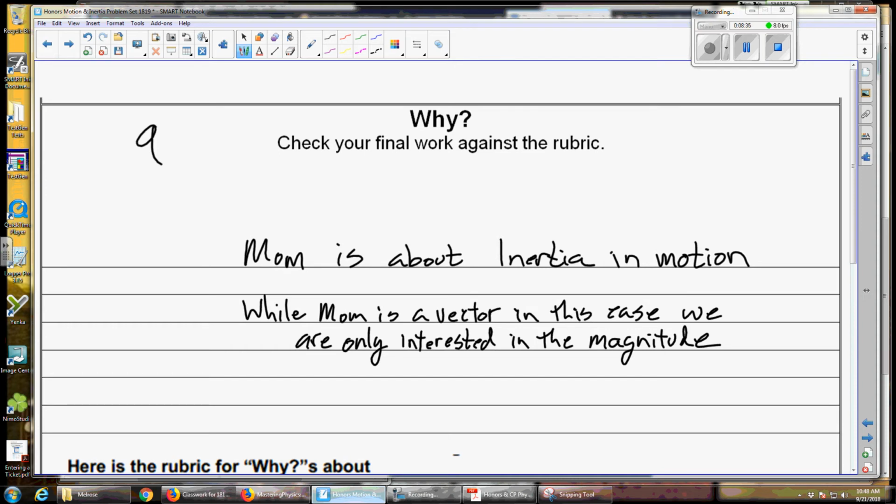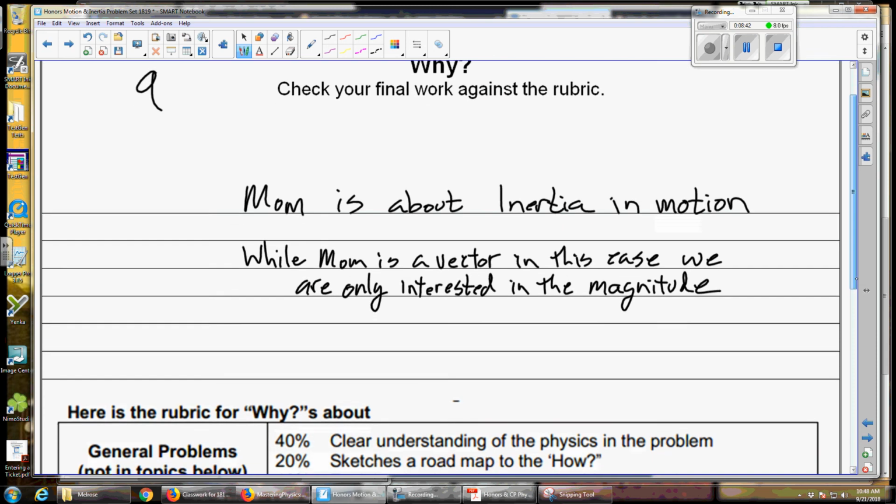Probably I need one more line in there that ties my y to the problem, because I'm kind of generic right now.